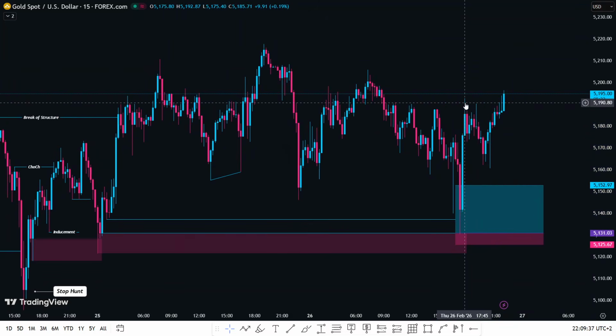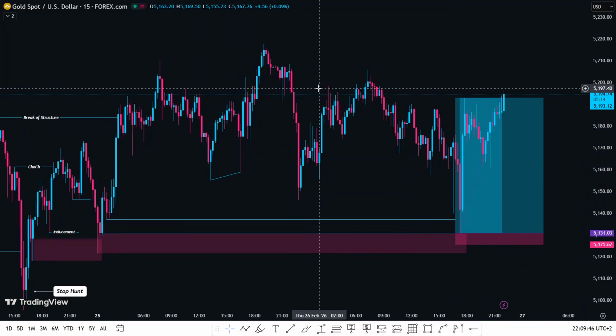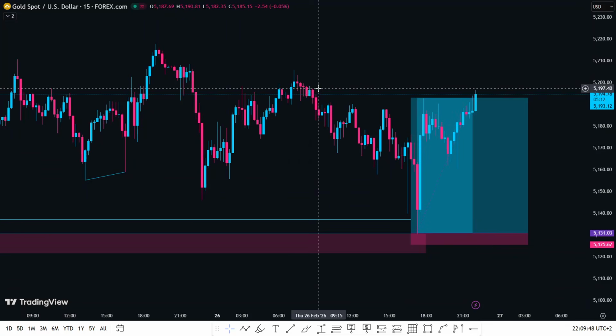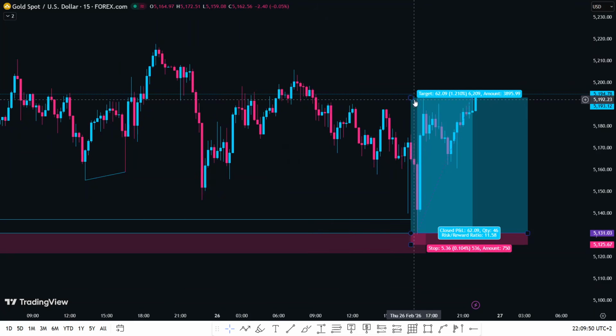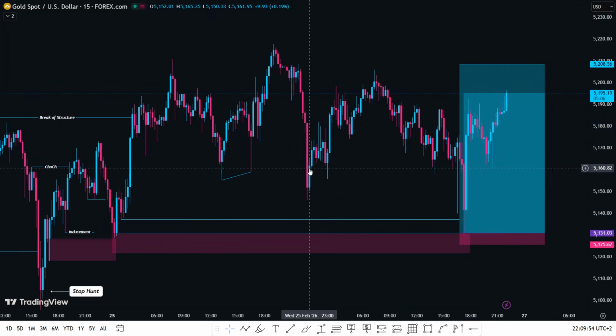We have this high right here which took out all of these. That could have been your potential first target, and then target these here.